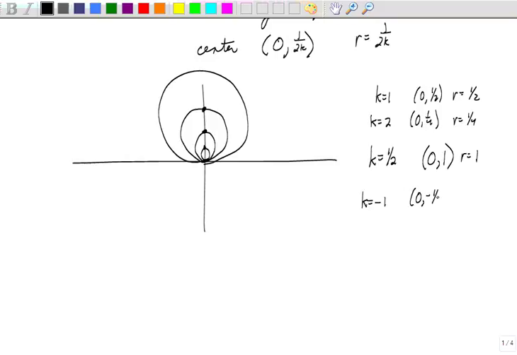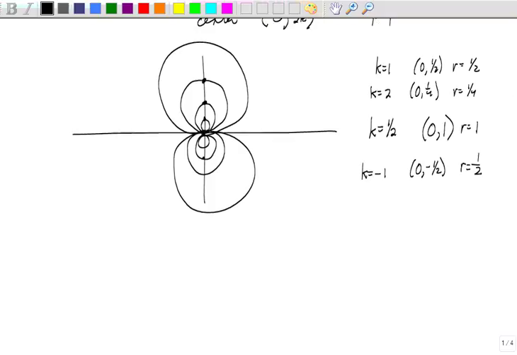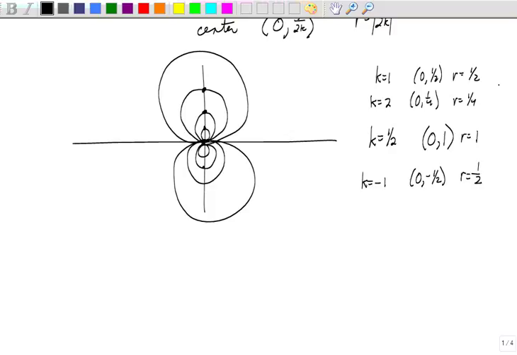These are just going to be symmetric. And the radius is always positive, so we're just going to get these down here being symmetric. So that's not too difficult to see. That's what the contour map is going to look like.